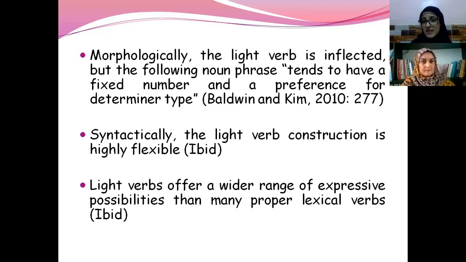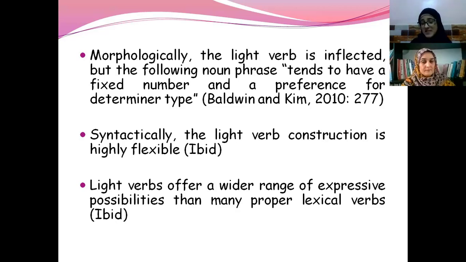Syntactically speaking, the light verb construction is highly flexible in the sense that the verb could be put in the passive form. For example, an offer was made. So you see here, we can put the verb into the passive form.